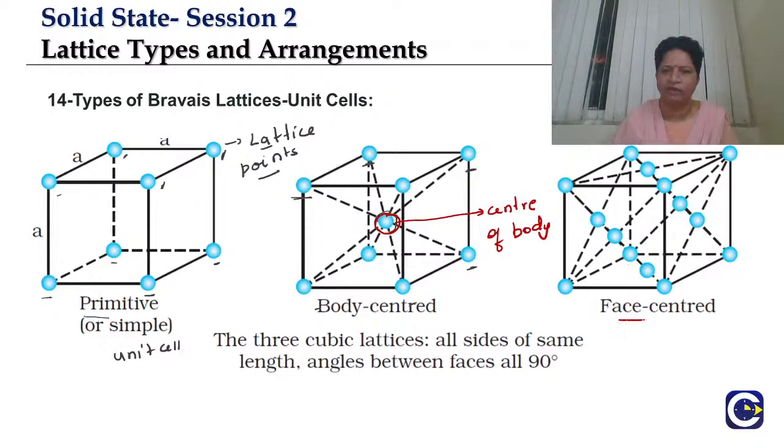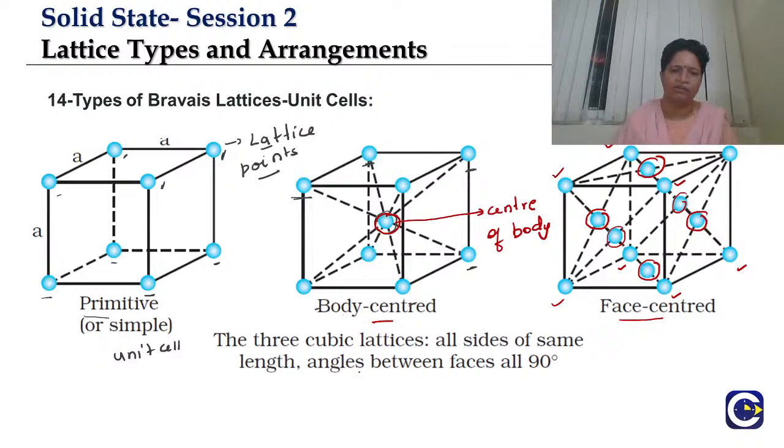And if you go with face centered, this is one face center, this is one face center, you can see one at the face center. And these are the ones which you will have to visualize, one up and one below. All these would be at the corners. These are the corner ones. All the remaining would be face centered.